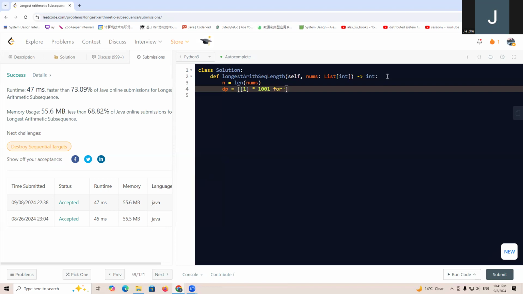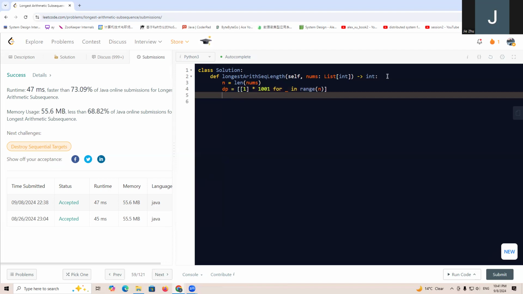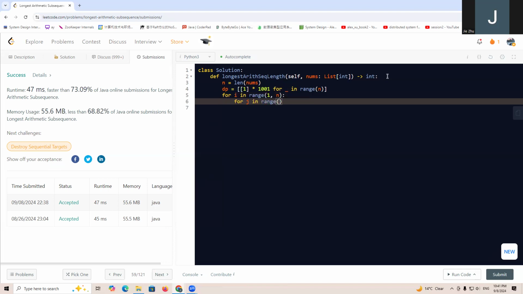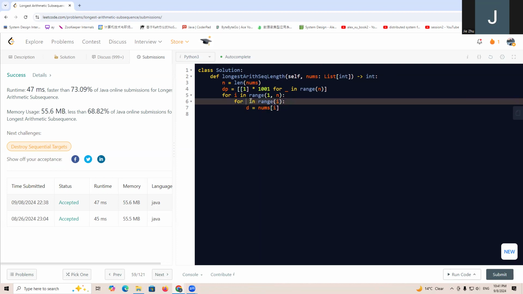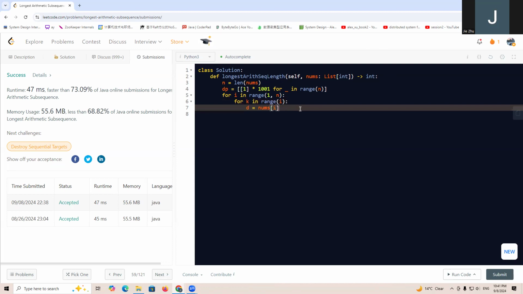So for i in range 1 to n, and for j in range i, d equals nums[i] minus nums[j]. Let's set this one as k. If we don't add 500, it is fine, because we just need the array to be able to hold the values.